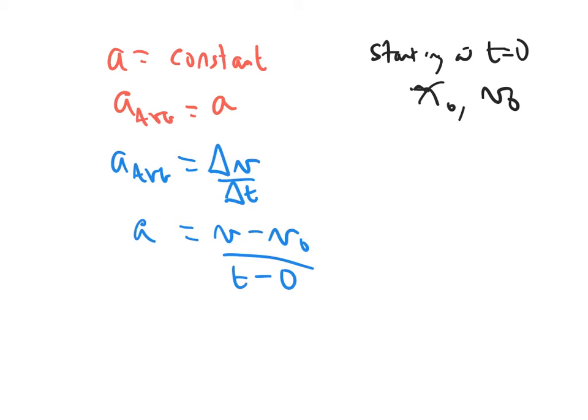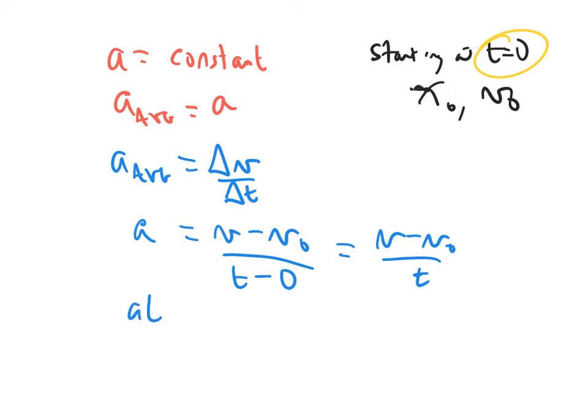Remember, the v sub 0, or v naught, is the velocity value at t equals 0. It doesn't mean that v is 0, but really, when our clock starts, v0 is the speed. And t0 technically would be the starting time, but we're going to set that to being 0. That allows us to simplify this expression a little bit, and we get v minus v0 over t. And now algebraically, we can just bring the t to the other side.